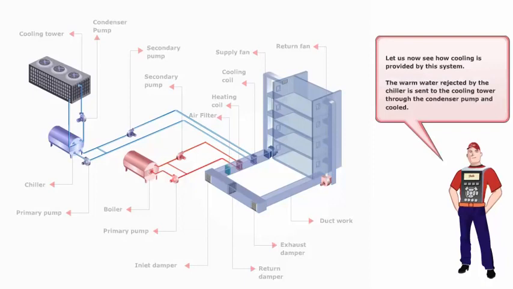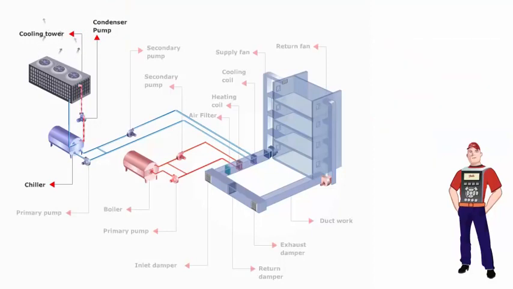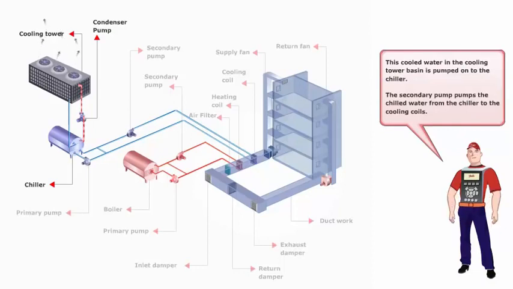Let us now see how cooling is provided by this system. The warm water rejected by the chiller is sent to the cooling tower through the condenser pump and cooled. This cold water in the cooling tower basin is pumped onto the chiller.